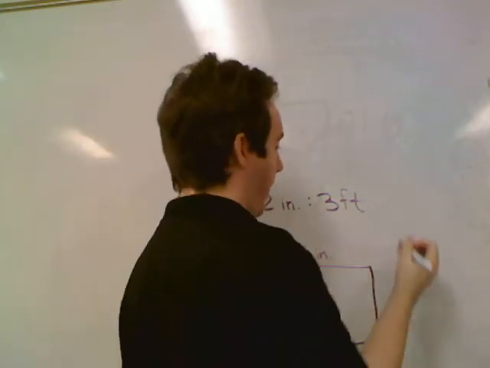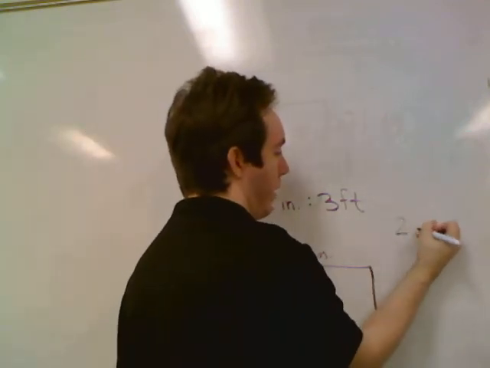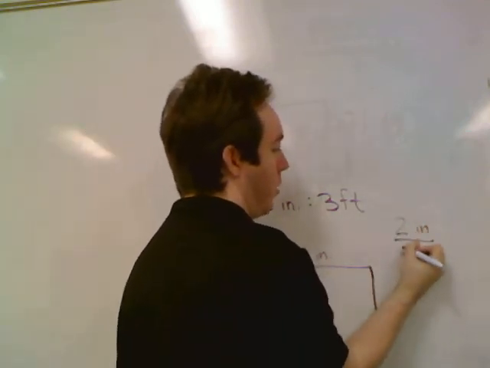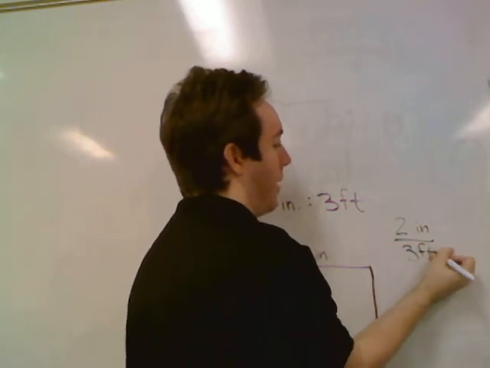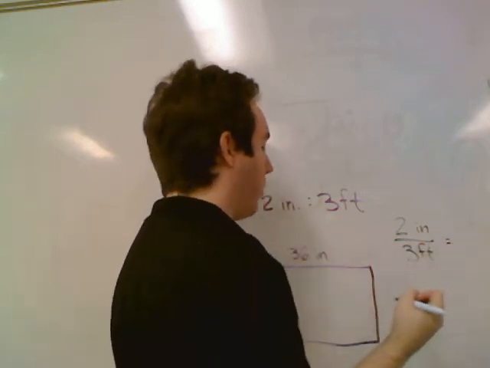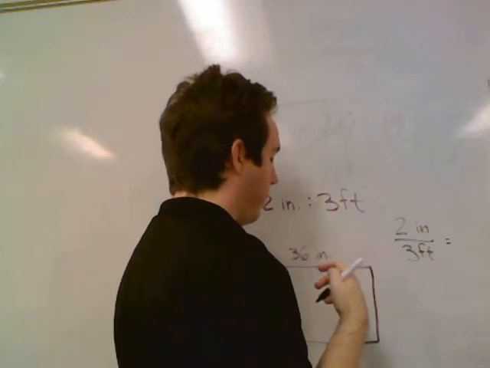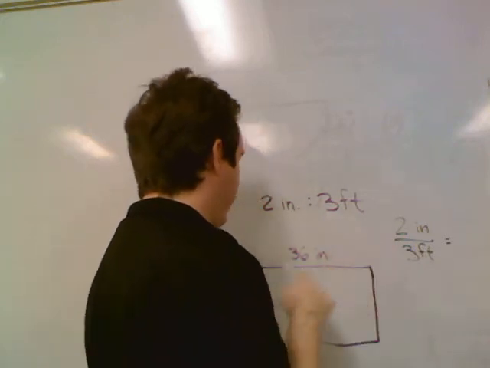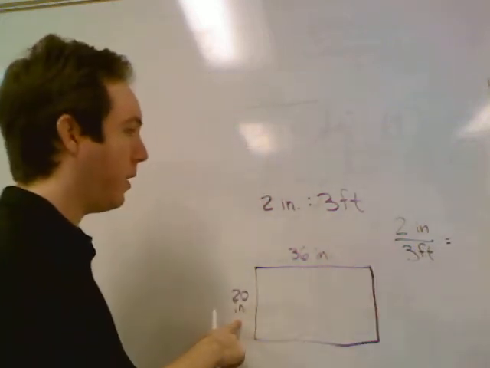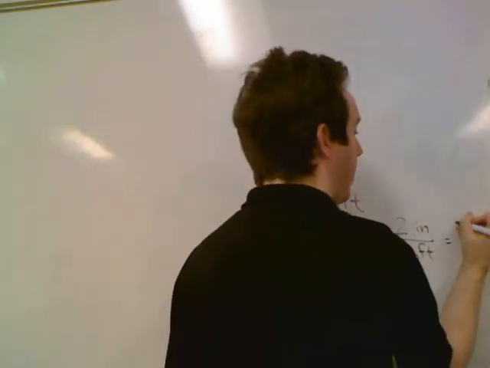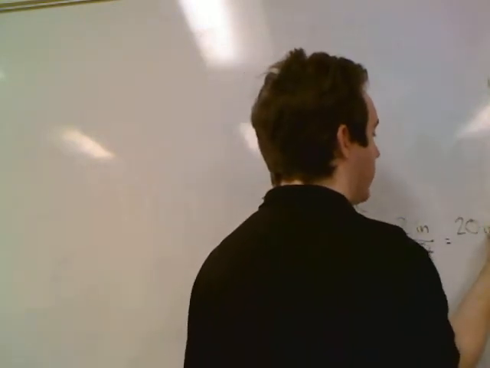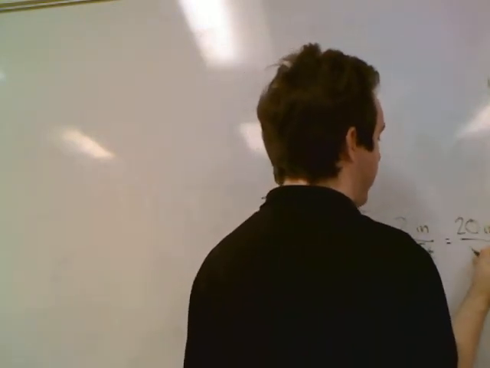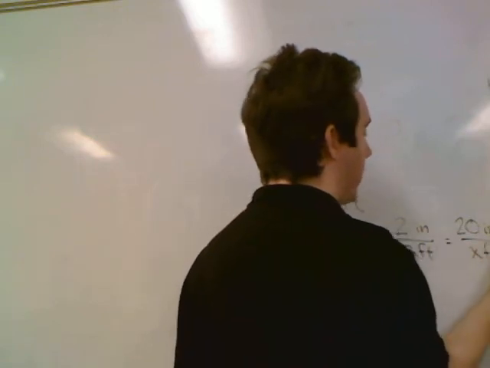As a matter of fact, I can even just write it as 2 inches over 3 feet. Now, I want this to be equal to a fraction for each side, right? So, see my 20 inches? I'm going to set it equal to 20 inches will be equal to some number of feet, right?